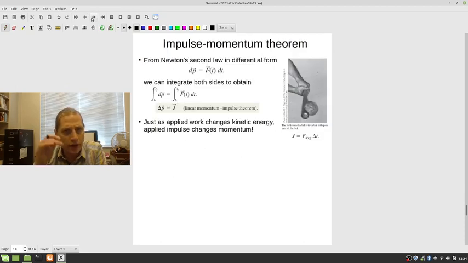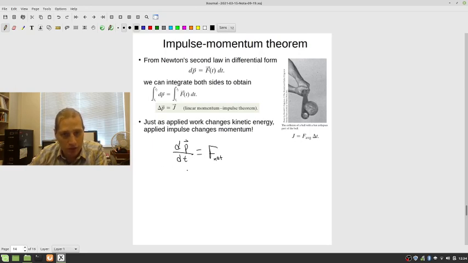Okay, now, why is that useful? So remember, J is force times time. P, momentum, is mass times velocity. Now, we already said dp/dt equals F net. That was a different way of writing Newton's second law.